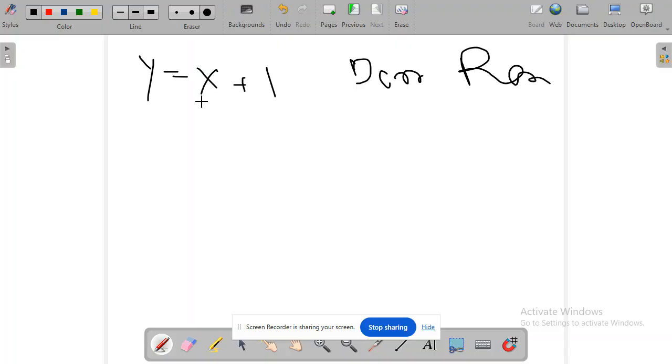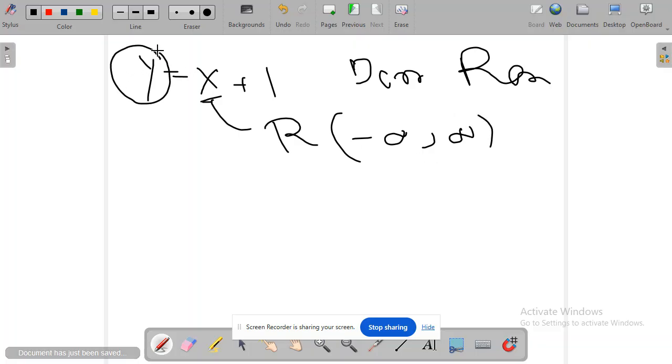We can observe that x can be any real value, from minus infinity to positive infinity. Similarly, y will also be any real value based on the value of x. So its domain is all real numbers and its range is all real numbers.